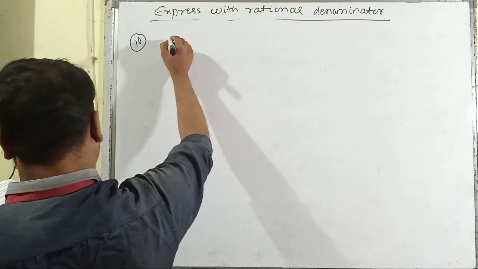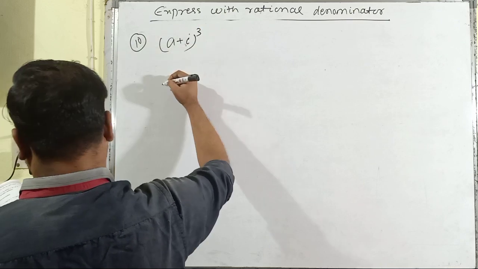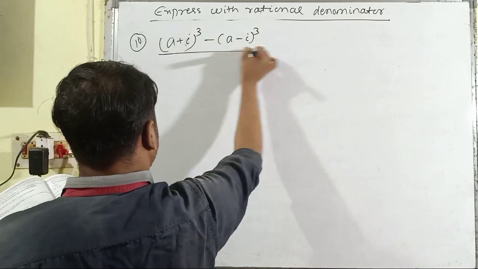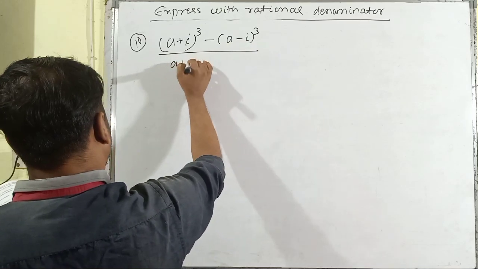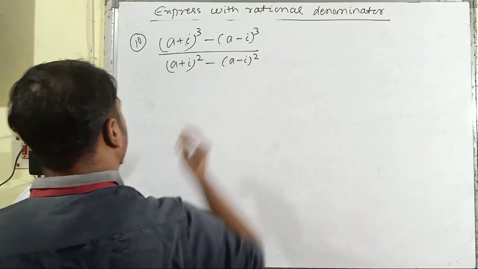Here is the number 10: whole cube of a plus i minus whole cube of a minus i, divided by whole square of a plus i minus whole square of a minus i.